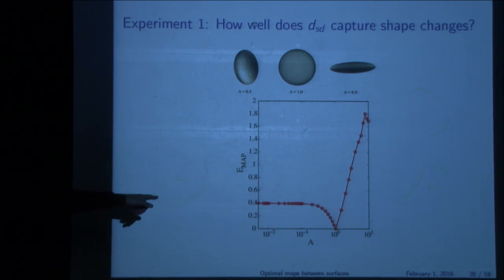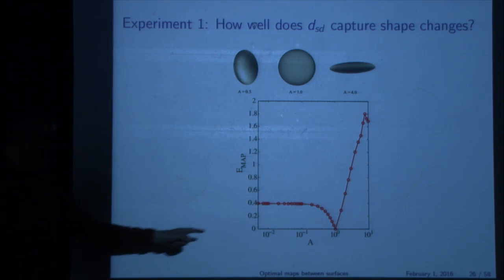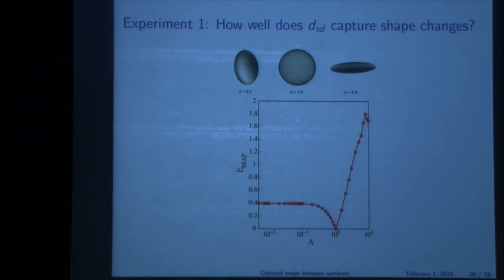So it's sort of shown above. And you can see what's happening to the distance. So it's quite sharp initially. So you see the ellipses that are very near to a sphere are actually distinguished quite well from the round sphere.